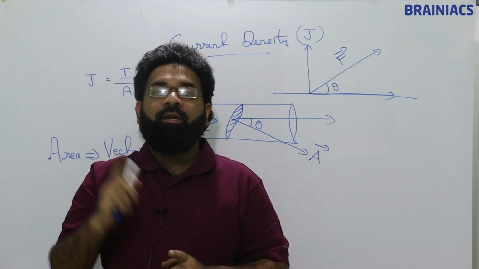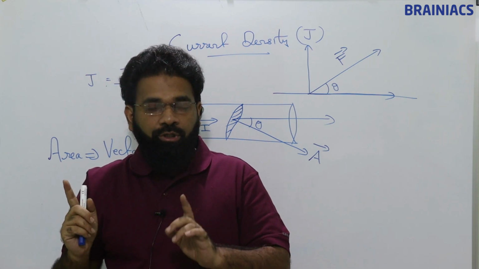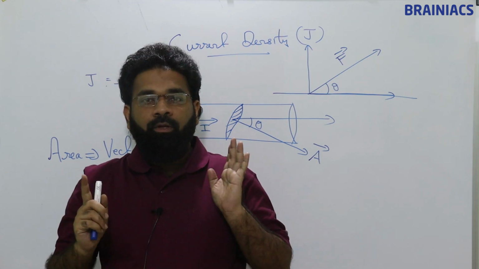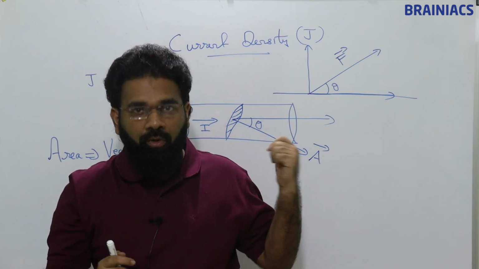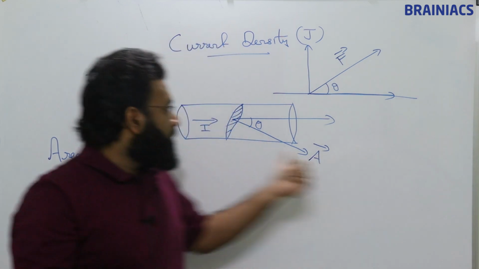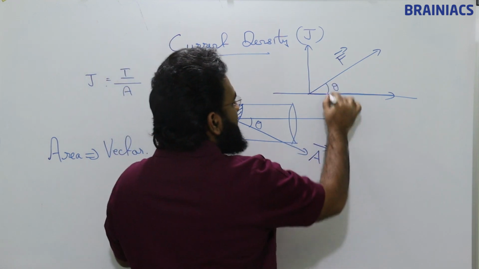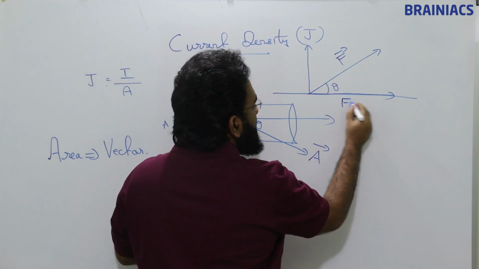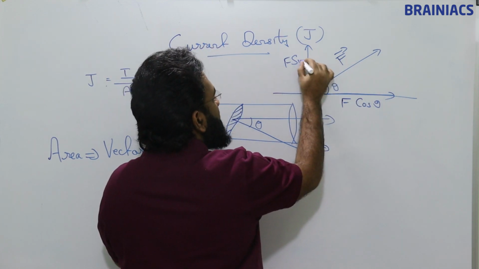So how to find the horizontal component of this force and the vertical component of this force? This we have studied in the plus one first year in the motion in 2-dimension chapter. So you might be knowing. Suppose if you do not know, I am just mentioning this. If you understand this, then only you will be able to catch this topic. So I am telling, if this is theta, then this is going to be f cos theta, and this is going to be f sin theta.